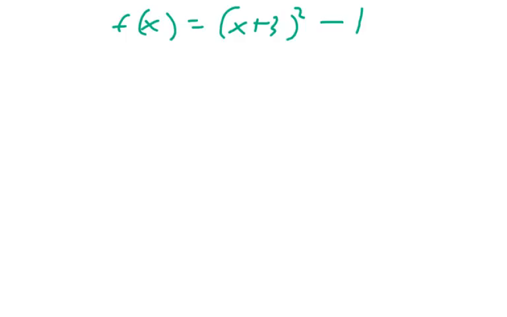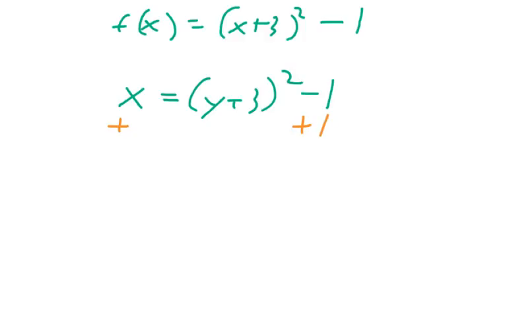Alright, so we need to find the inverse function. So x is equal to y plus 3 squared minus 1. As we solve for y again, we get x plus 1 equals y plus 3 squared.